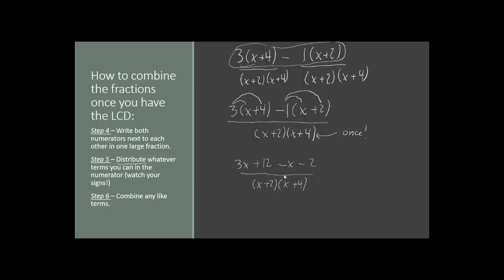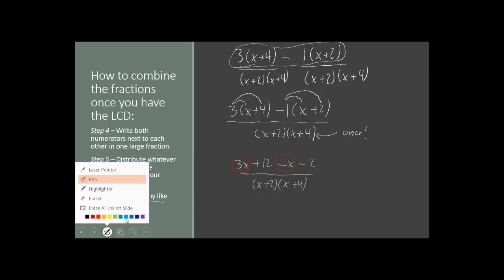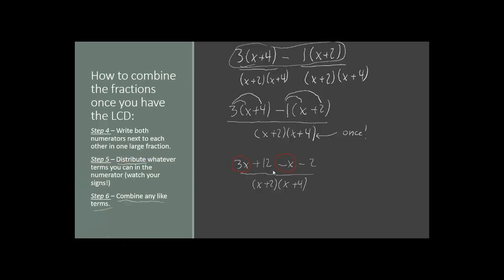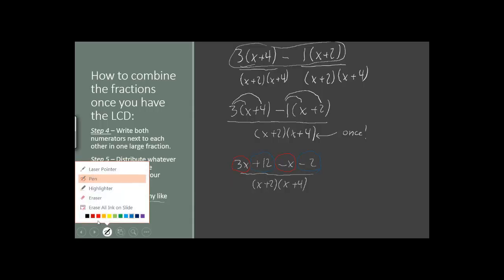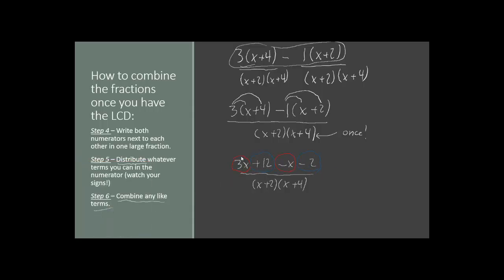Now that we've pretty much got it combined, we just have to combine any like terms that we see. That is, anything that has x can be combined. So this 3x and this -x can be combined. And any numbers that don't have x can also be combined together. So this +12 and this -2 can be combined together. Well, 3x minus x gives us, what's 3 minus 1?